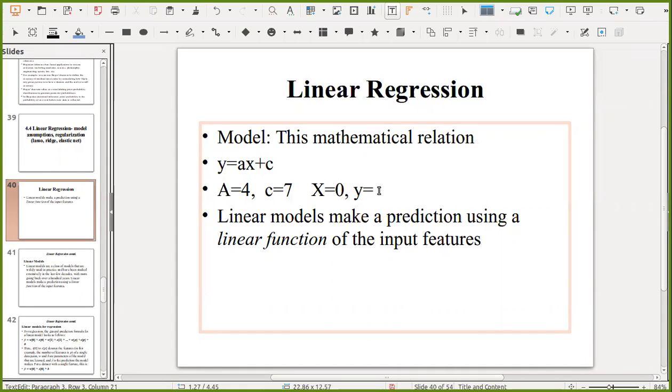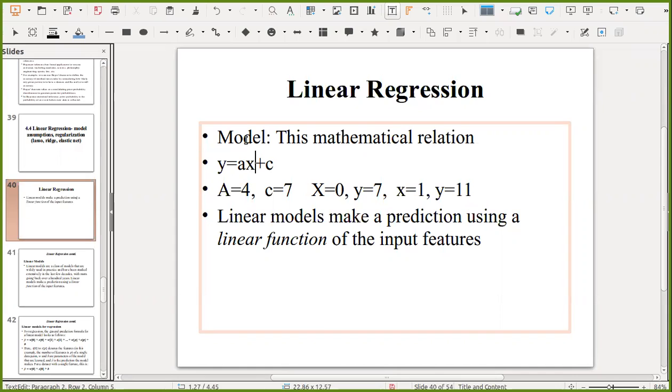So I will have y equal to 7. Next, if x equals 1, then y will have its own value: y equals 4 plus 7, so 11. This shows how one feature contributes to computing another feature y.